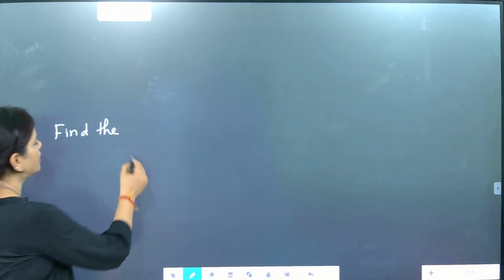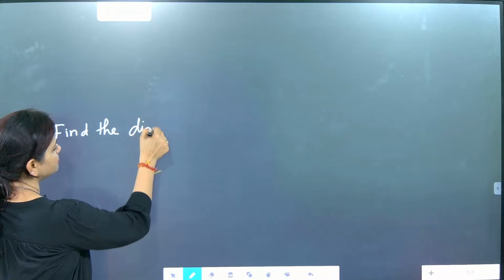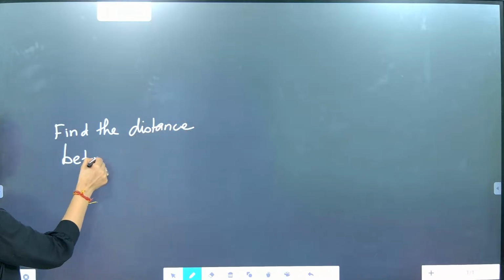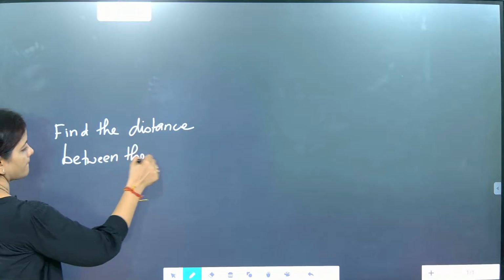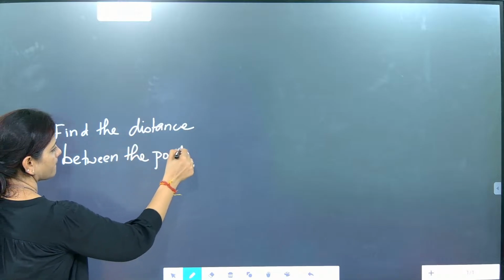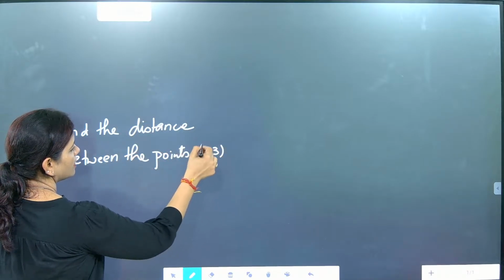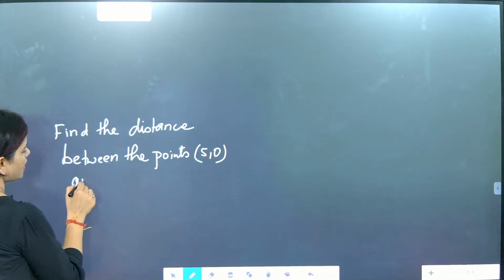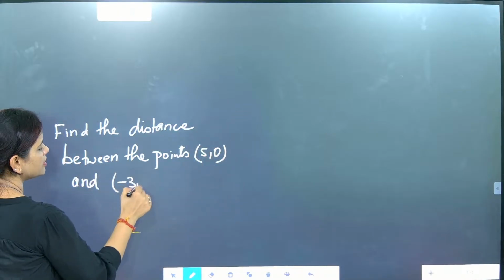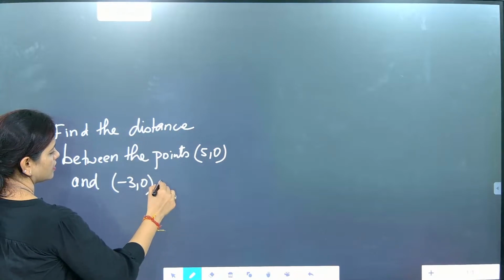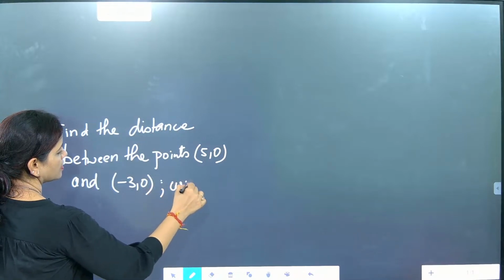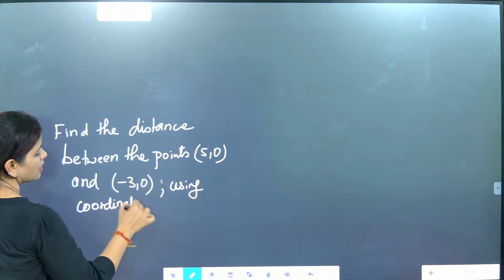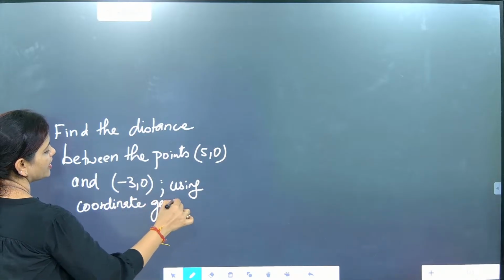Got it? Find the distance between the points 5, 0 and -3, 0 using coordinate geometry concept.